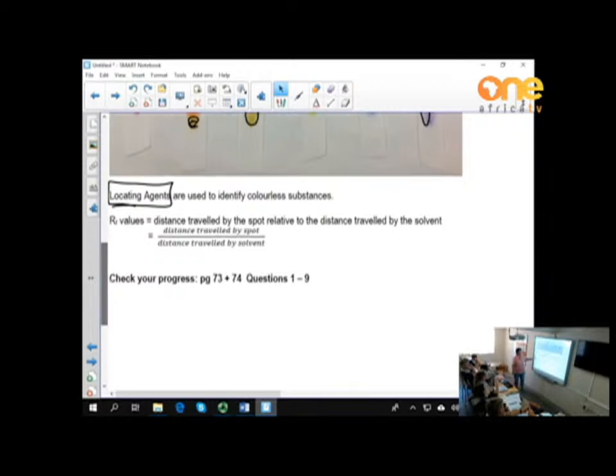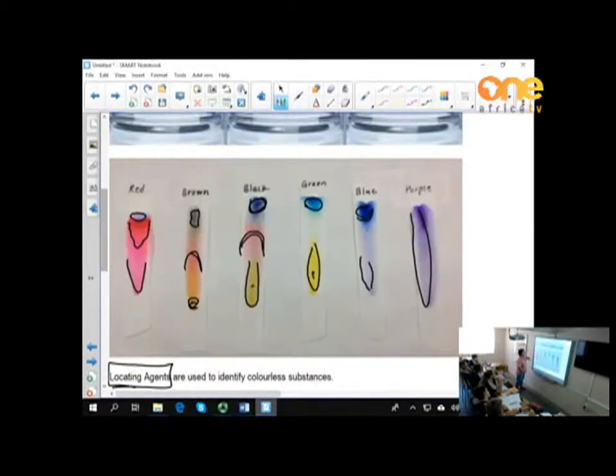Then, a mathematical value can be calculated from a chromatogram. We refer to it as an RF value, and it's very simply the distance traveled by the spot over the distance traveled by the solvent. Let's go back to our chromatograms.